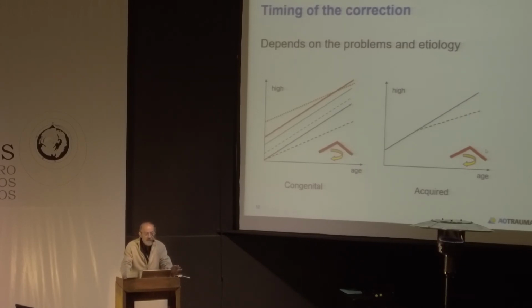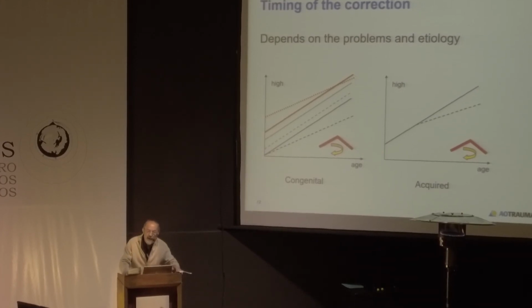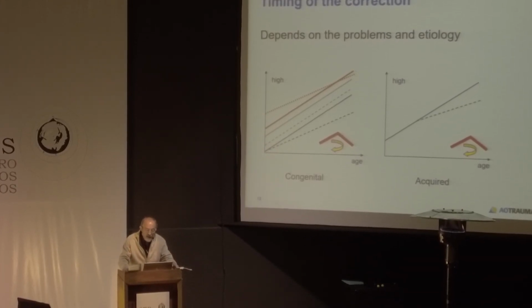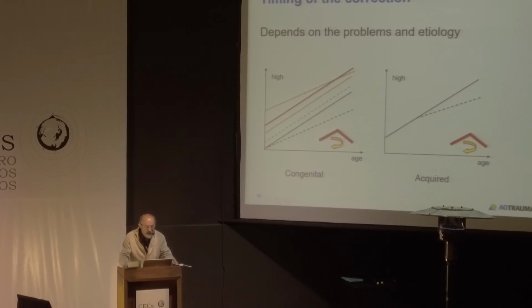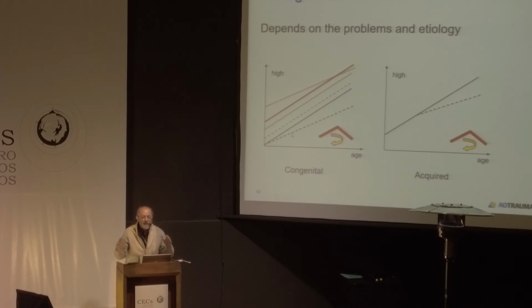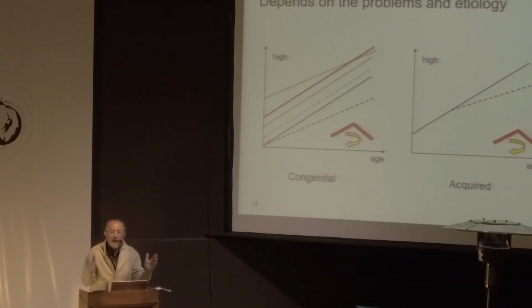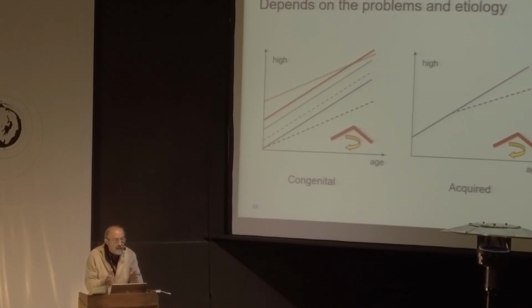Okay, timing of the correction. And here again, we have a special situation. It depends on the problems and the etiology. You see here in the congenital box, there are a lot of lines. That means a child can have similar lengths at birth and then go different, or at birth the lengths are different, but over time it adapts.